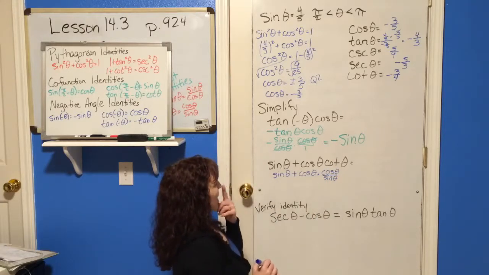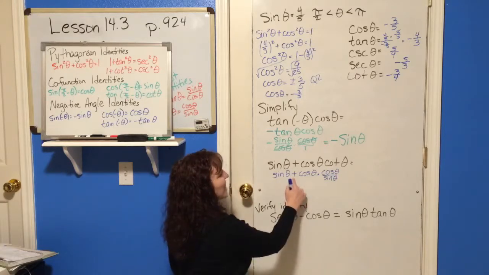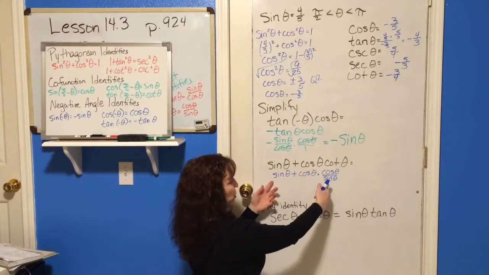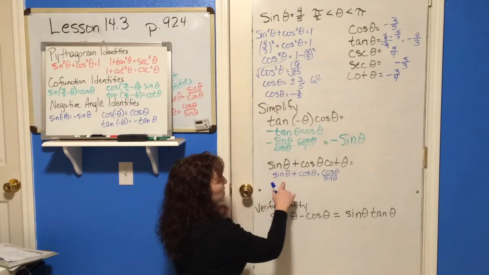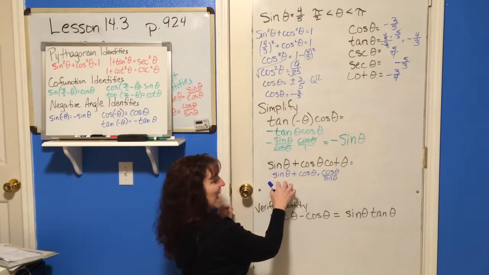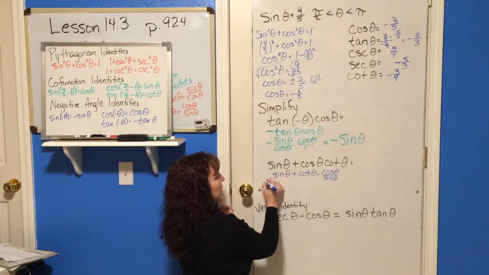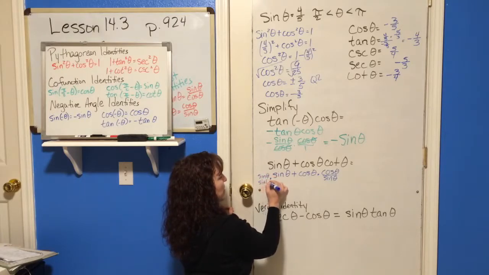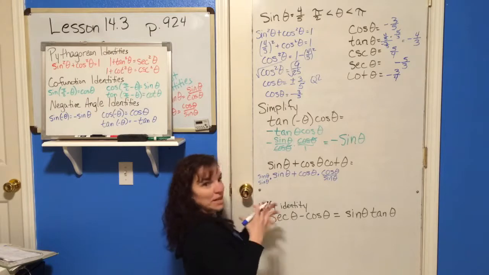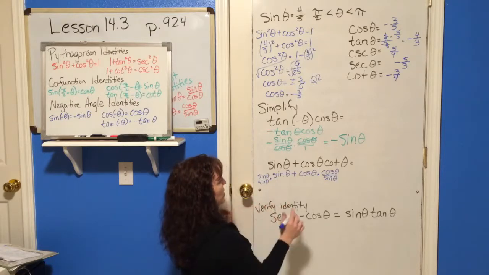Okay. Well, that's fine and dandy. We can't add these unless we have like denominators. So let's get a like denominator of sine of theta. Let's multiply this by sine of theta over sine of theta. See what I'm doing? Just manipulating everything to get it to look like what I want it to look like.